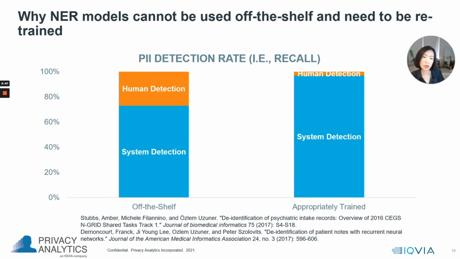For instance, there has been research showing that off the shelf, these NER models, in some cases, would catch maybe 70% to 80% of the things. While if we retrain the model with the right data, with the right distribution, those models could actually detect over 97% of entities.